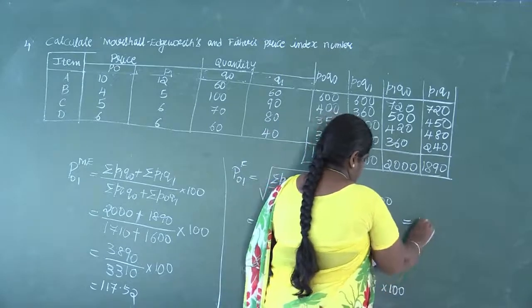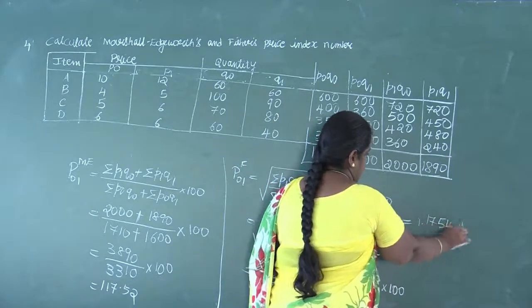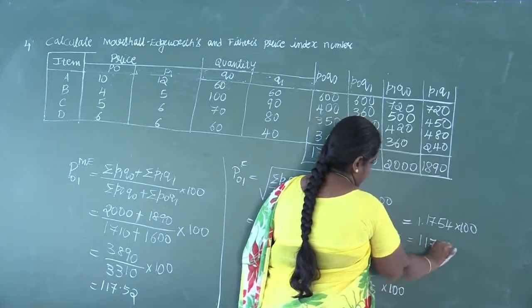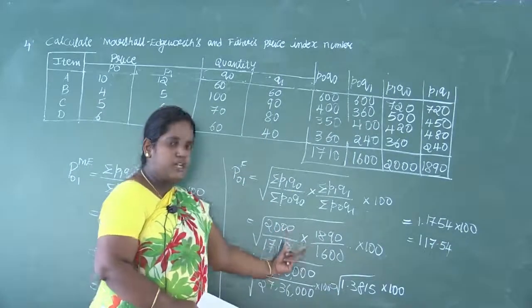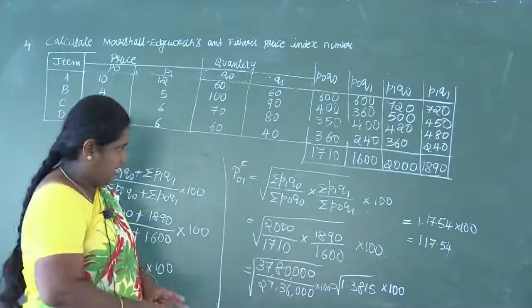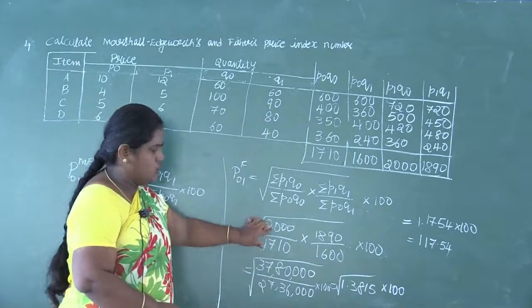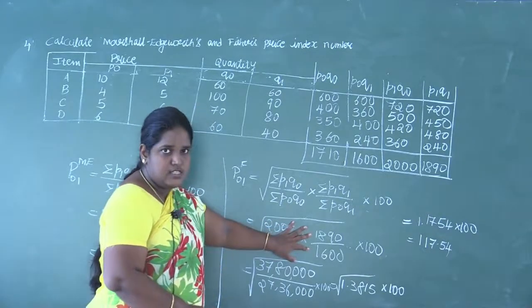So when you take out the square root, we'll get 1.1754 into 100. We'll get 117.54. So here while doing it, I multiplied first the numerator, multiplied the denominator, and then I have done it. Even you can first divide, that is 2000 and 1710, 1890 and 1600.